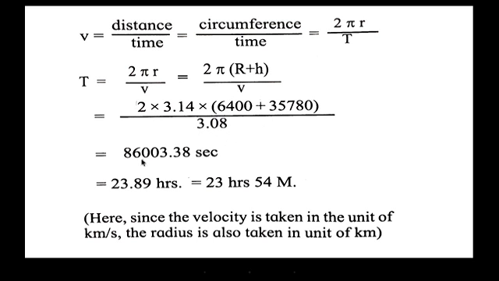On solving we get 86,003.38 seconds, that is equal to 23.89 hours, that is approximately equal to 23 hours 54 minutes. Here, since the velocity is taken in the unit of kilometers per second, the radius is also taken in kilometers. Okay, we'll stop here and we'll continue with this chapter in the next video.